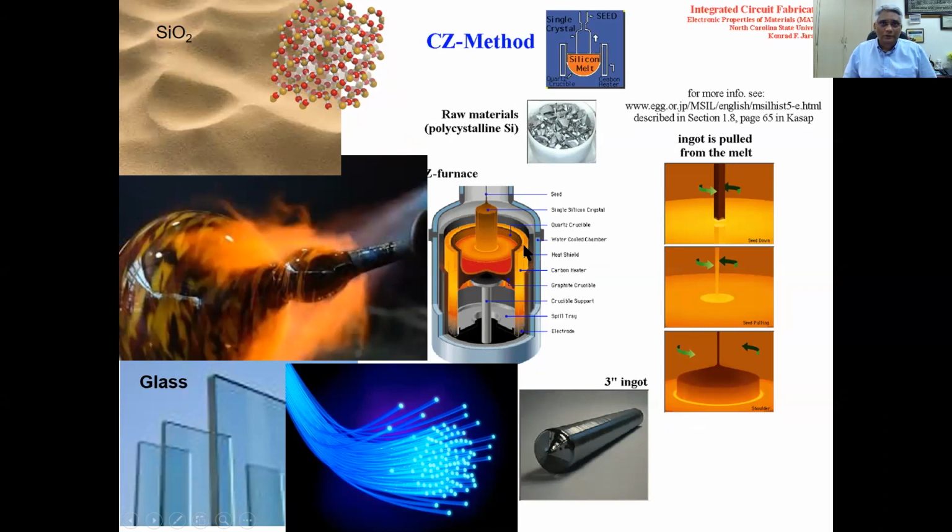Either you move the hot zone away from the melt in a slow way, but the easiest thing is to pull the crystal out of the hot zone, so it goes through a delta T variation within 3 to 4 heat zones. That's why you have a slow cooling process leading to crystallization and formation of a single crystal.